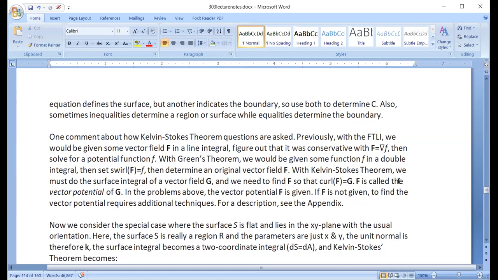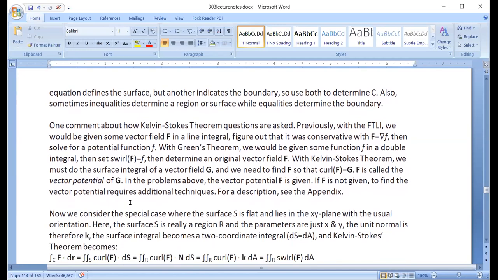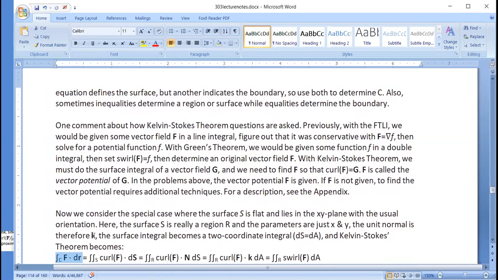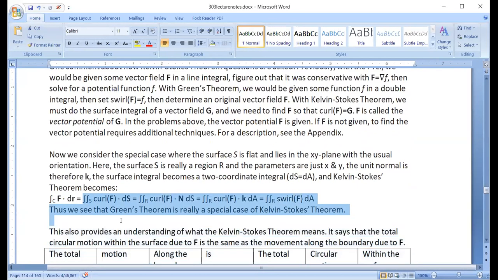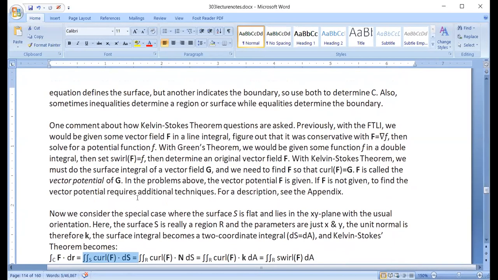And Kelvin-Stokes theorem just becomes, let's check it out. So the line integral, the integral around the curve of F dot dr, by Kelvin-Stokes theorem becomes the integral over the surface of the curl of F dot dS, which by our techniques we know is just the double integral over the region of the curl of F dot unit normal n dS.